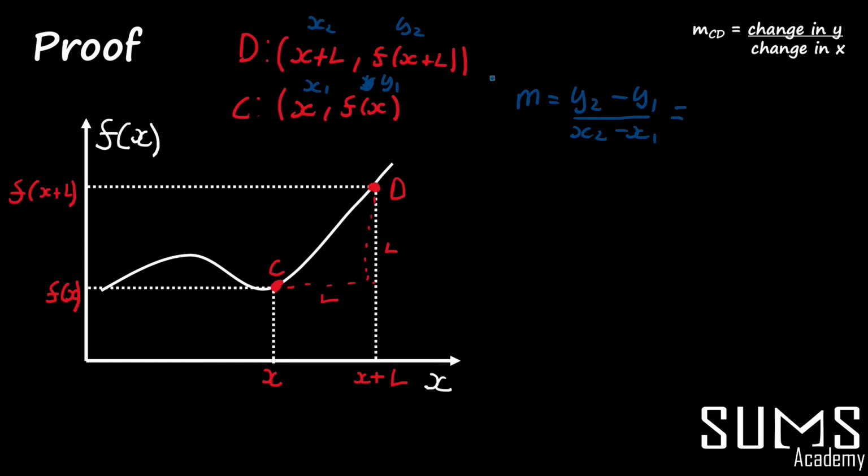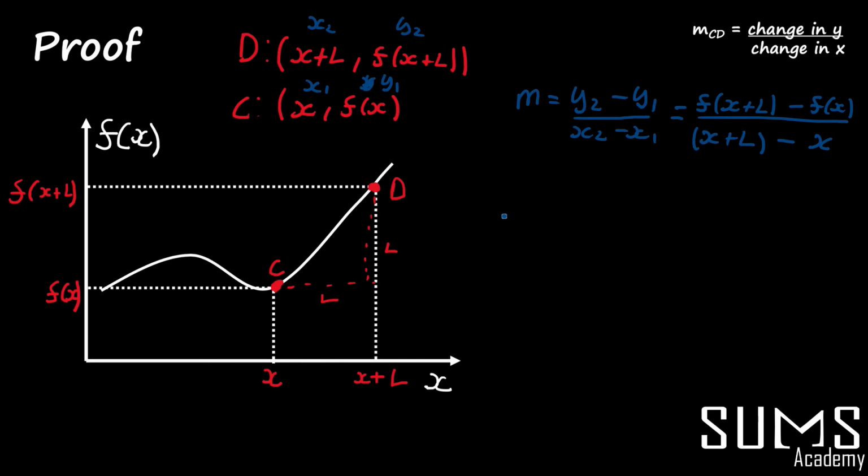So y2 is f of x plus L, minus f of x, and that's all over x2, which is x plus L, minus x. So what does that simplify down to?